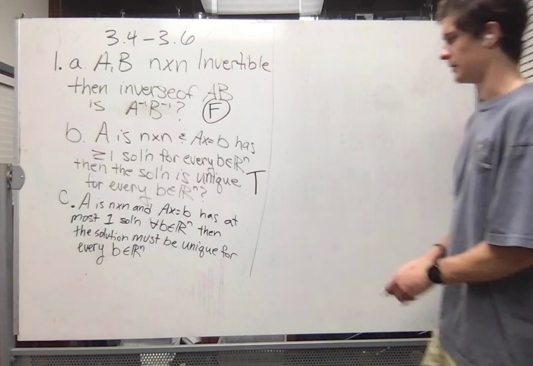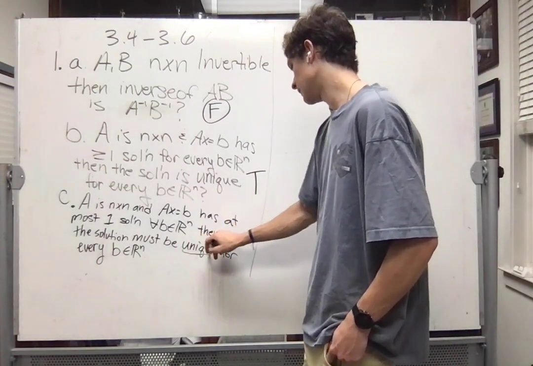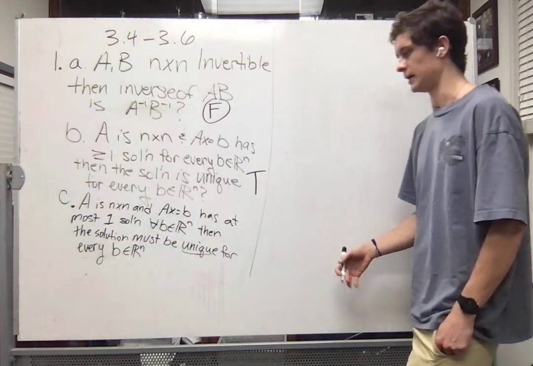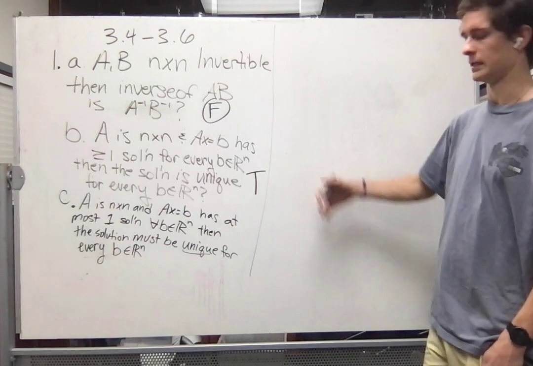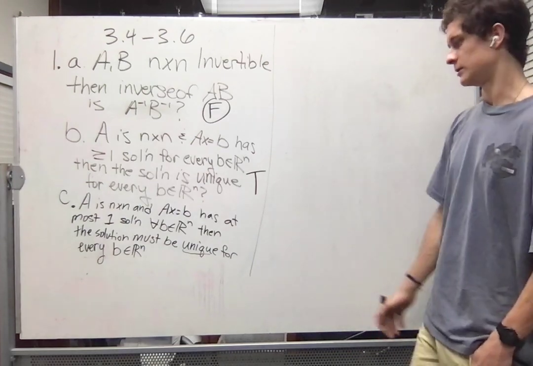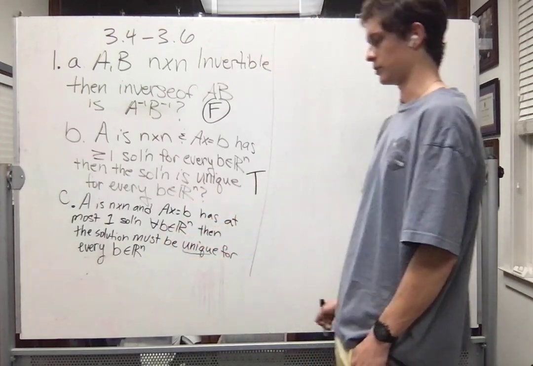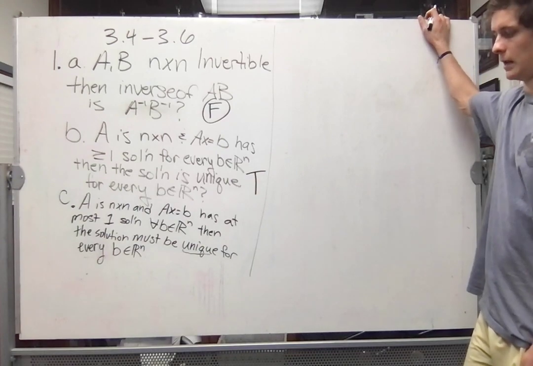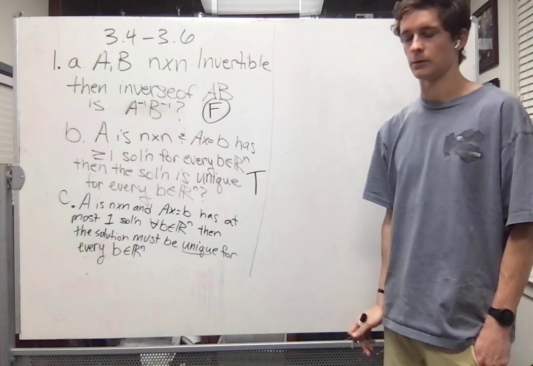But I'm going to assume that when it says must be unique for every B, it means it has to exist for it to be unique. So I'm interpreting this as must have exactly one solution for every B in Rn, and we're going to assume that it's not allowing for no solutions.